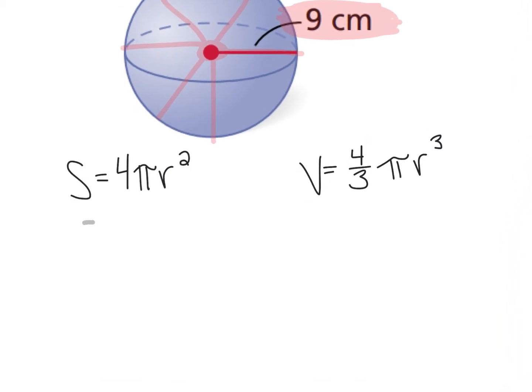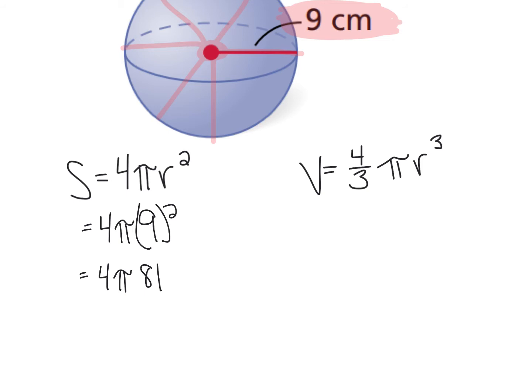So now I have 4 pi 9 squared. Okay, and of course order of operations tells me I should do 9 squared first, which is going to give me 81.